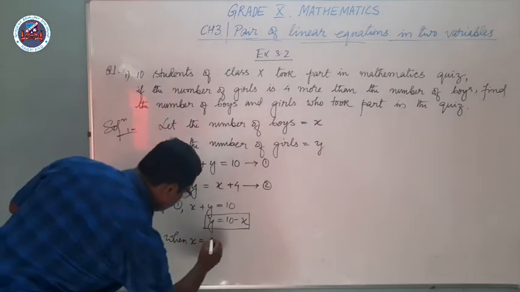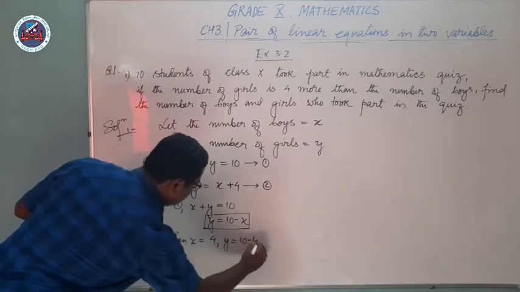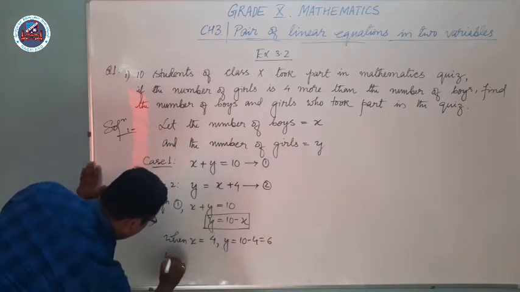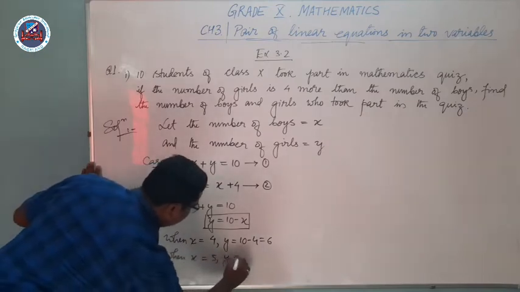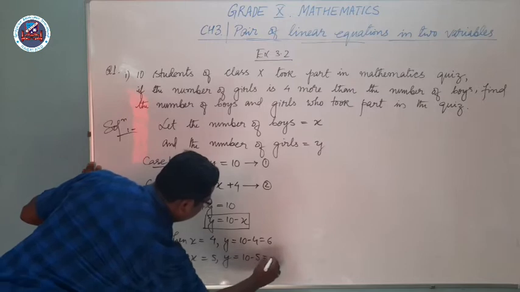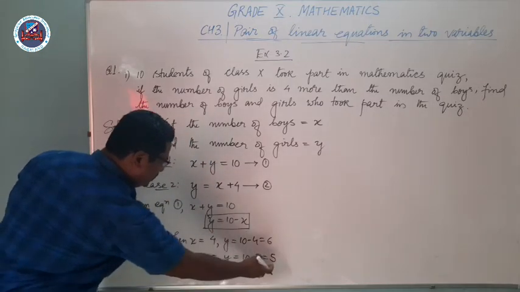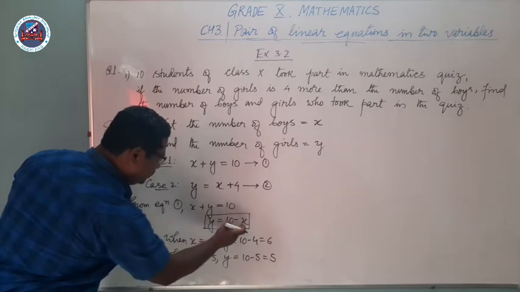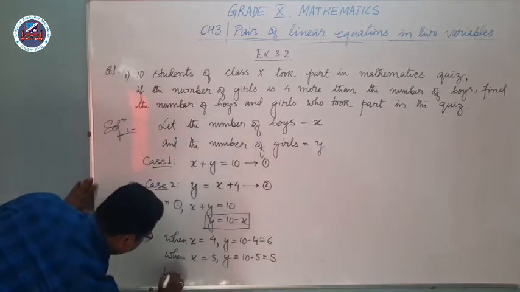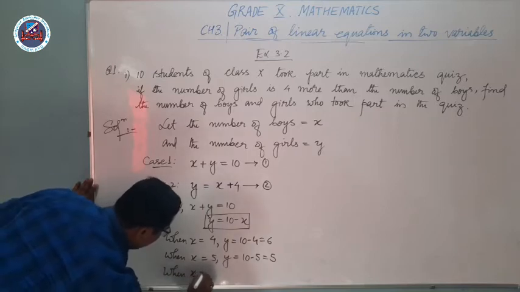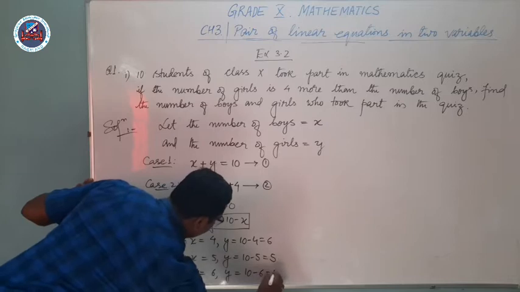When x is 4, y is 10 minus 4 is 6. When x is 5, y is 10 minus 5 is 5. When x is 6, y is 10 minus 6 is 4.